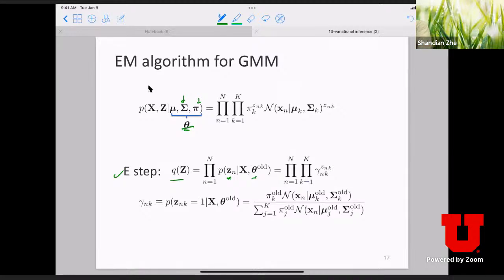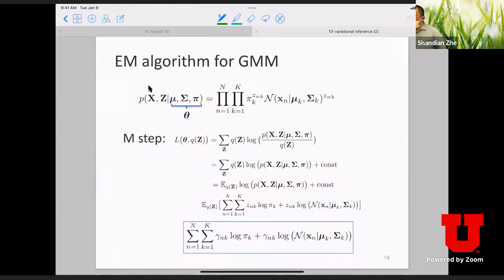And we have shown that the posterior probability that each data point n belongs to k is essentially this form. That is, given the model parameters, how do we compute P of Z n given Xn? You can just leverage the Bayes rule. This is straightforward, P of Xn, numerator comes here and denominator comes here. It's pretty straightforward.